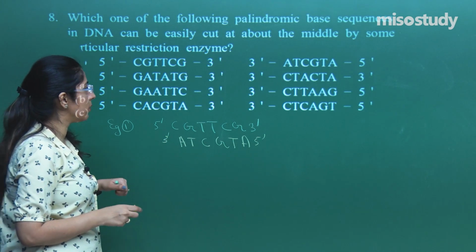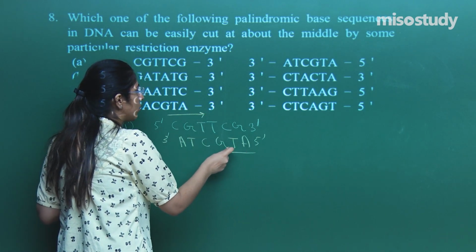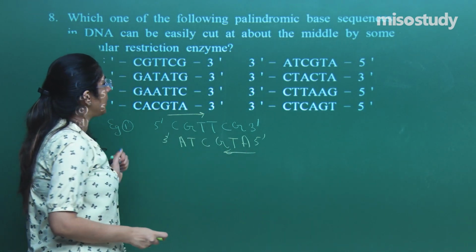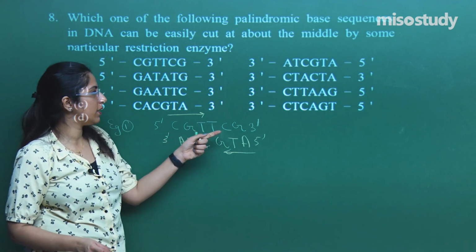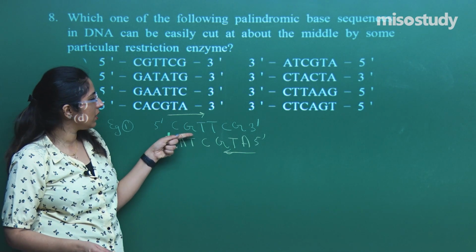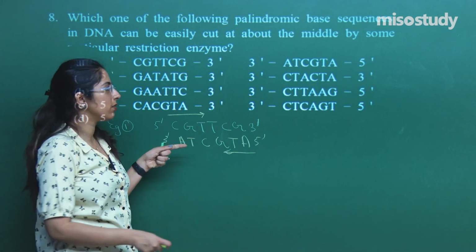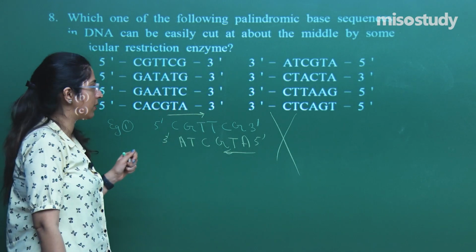Palindromic sequences are those which we read in either direction, and they should come out the same. But these sequences are not coming out the same. For example, CG, TT, CG. Is that coming out the same? No, not at all. So that means this is a wrong option. This is not a palindromic sequence. What we need for a restriction enzyme is a palindromic sequence.